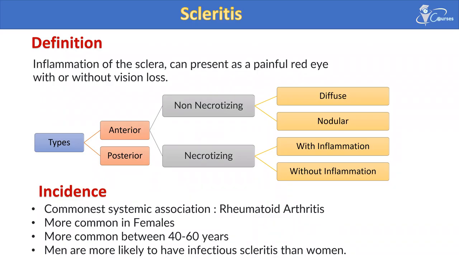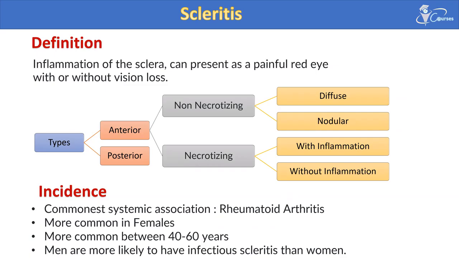And as with almost all autoimmune and collagen diseases, it is more common in females. It is more common in a slightly older age group than episcleritis, so this is again one of the differences. It will be between 40 to 60 years old, or between the fourth and sixth decade. And as we said in episcleritis, there is a trick here that boys could be affected more than girls.